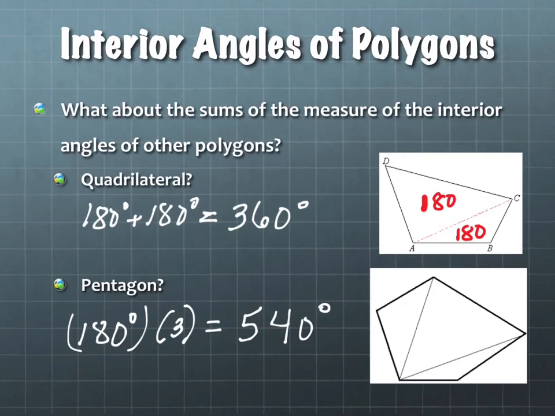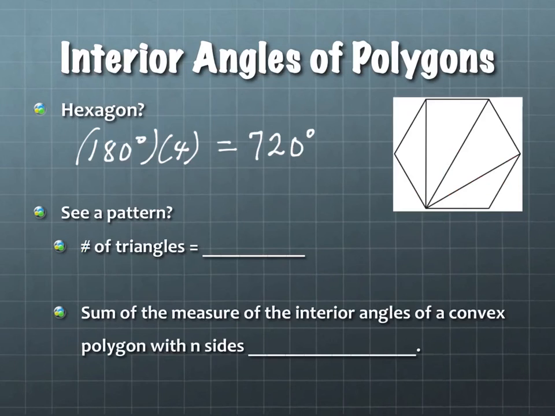So take a look back here. This one was 180 times 2. Then I had 180 times 3. Then I have 180 times 4. Right? So every side I add on another triangle. Agreed? In particular, it's 180.